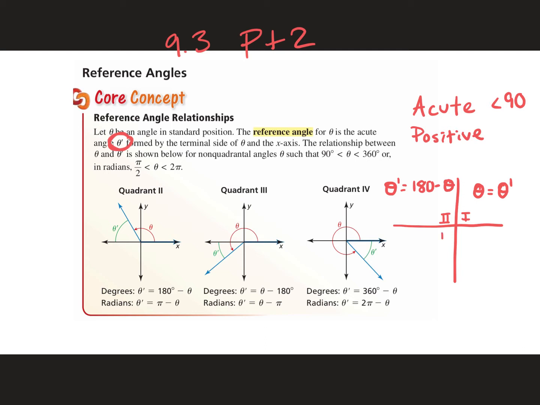If we're in the third quadrant down here, theta prime is theta minus 180. And if we're in the fourth quadrant, our reference angle is 360 minus theta.